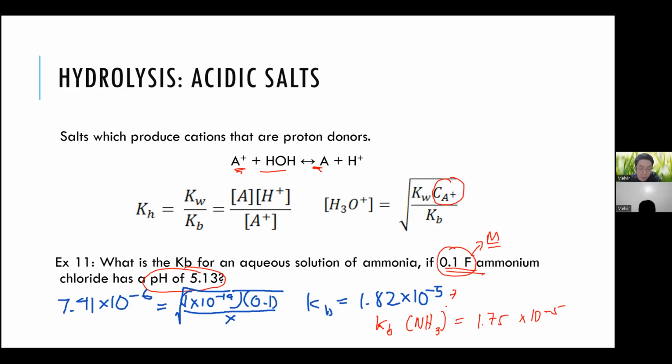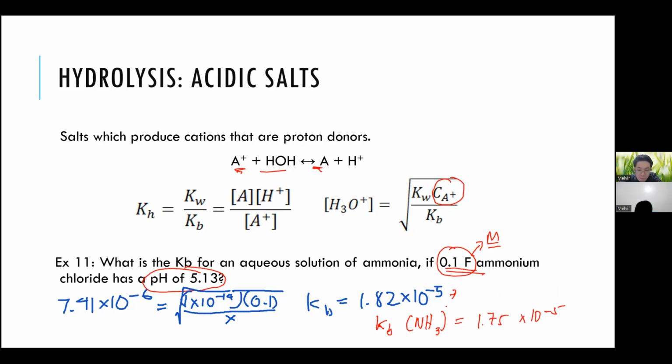Percent relative error is the experimental value minus the true value, all over the true value, times 100%. Oh, your error is 25%. That's big. But the values are close to each other, so you should be suspicious: 1.82 times 10 to the negative 5 and 1.75 times 10 to the negative 5.